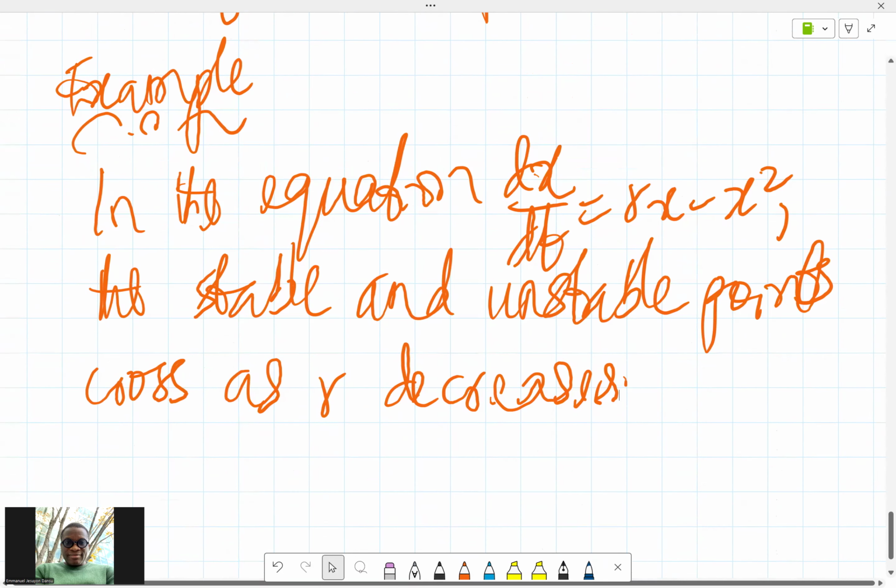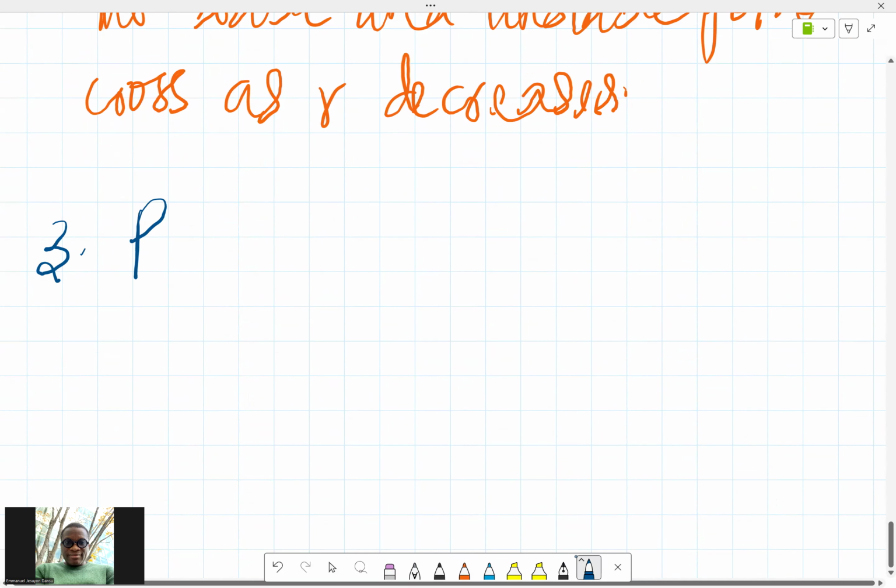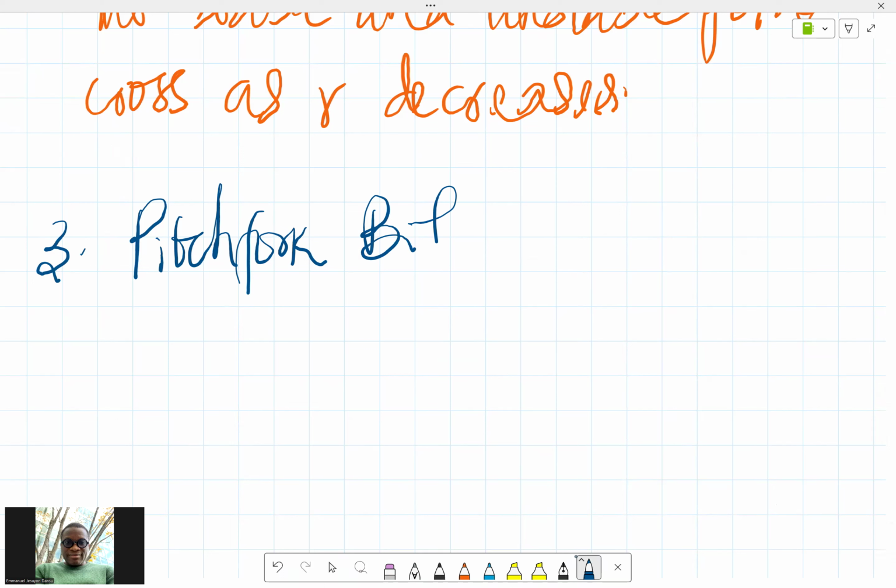That's number 2, the transcritical bifurcation. Then we have what is called the pitchfork bifurcation.